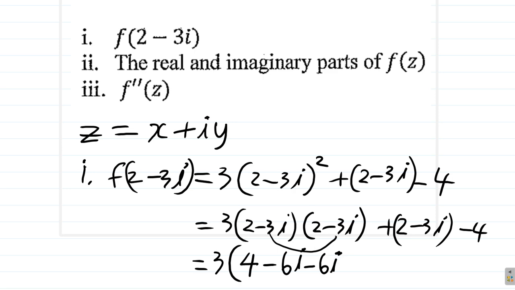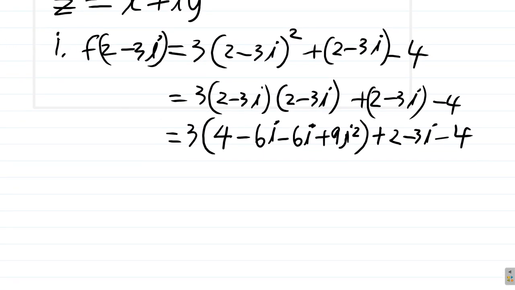Negative 3i by negative 3i is plus 9i². Okay, plus, you can open the bracket here, 2 − 3i − 4. So what happens here now? This is 3 times 4, minus 12i.